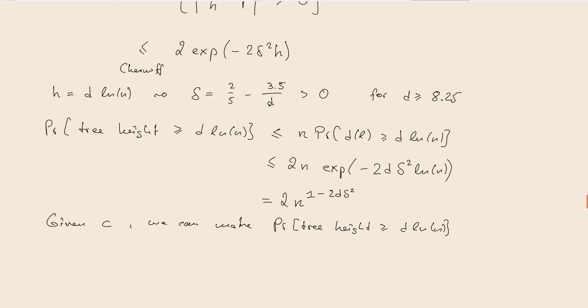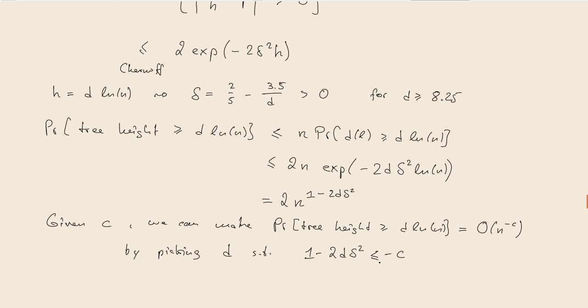So the delta only says d has to have this minimum value. So we can make this to be an O of n to the minus c, if we just pick a d such that this 1 minus 2d delta squared is less than minus c.